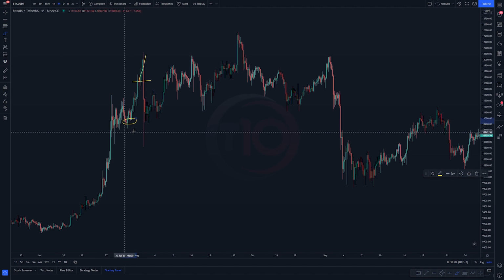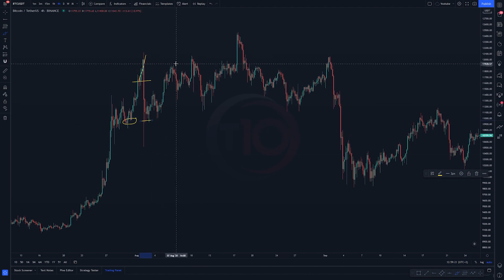Yeah. So they wanted to hold here, they wick below it, but then they held it. So you can call this a sweep, reachievement, whatever you want. And we went higher later.